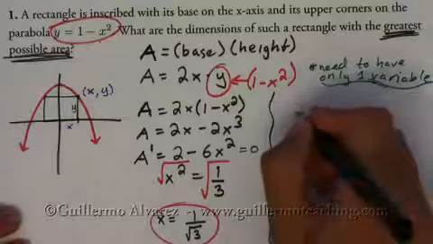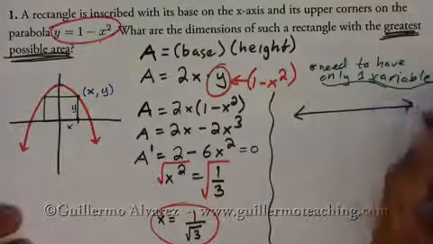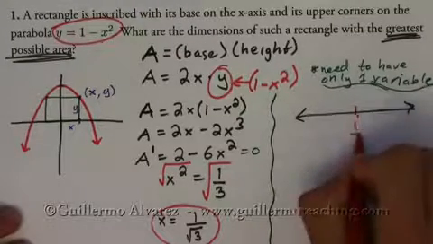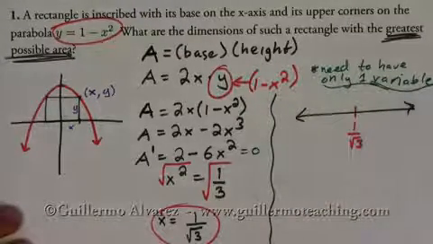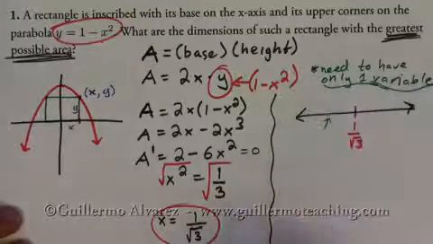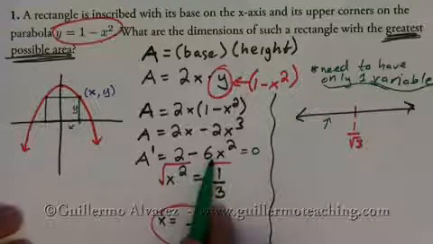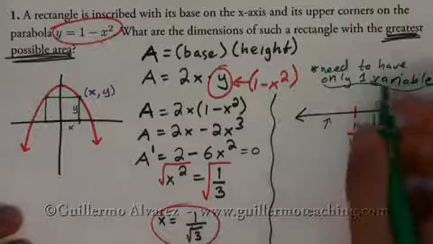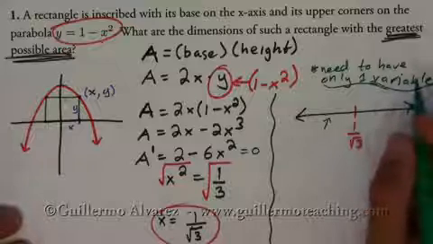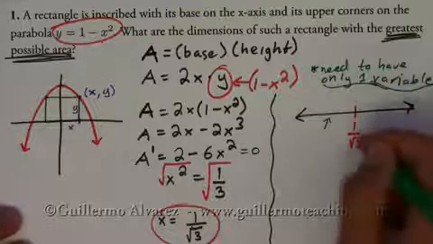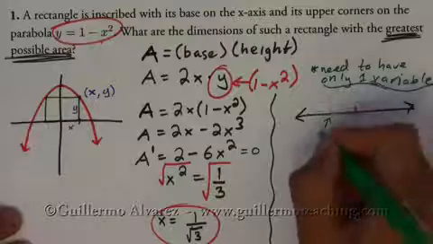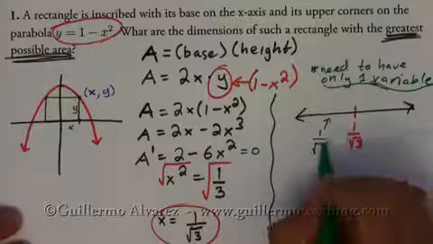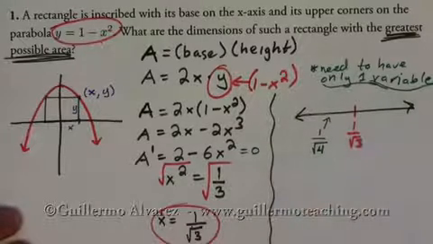So let's do our first derivative test over here. We have 1 over the square root of 3, and we have our derivative here. Let's test a value on the left: how about 1 over the square root of 4.